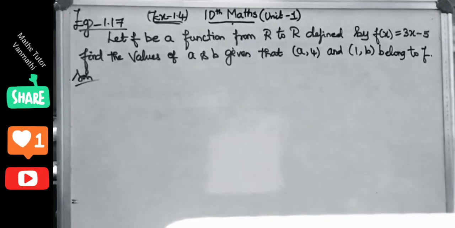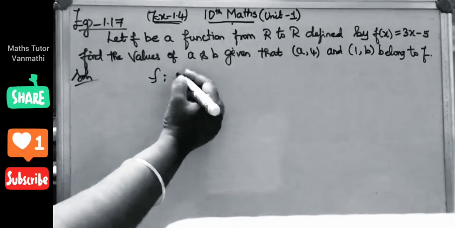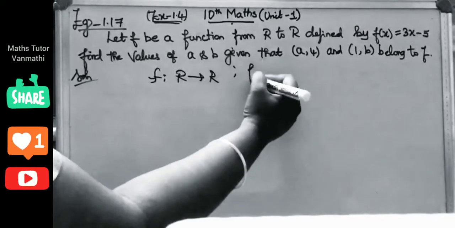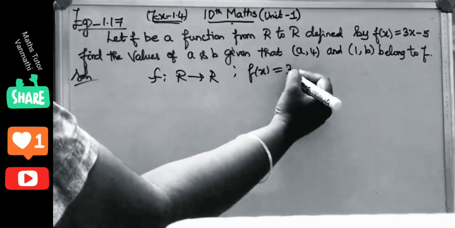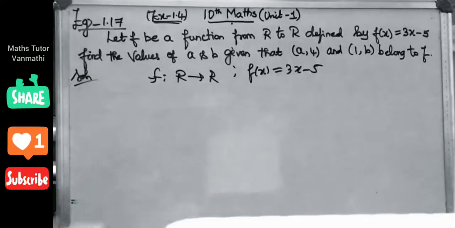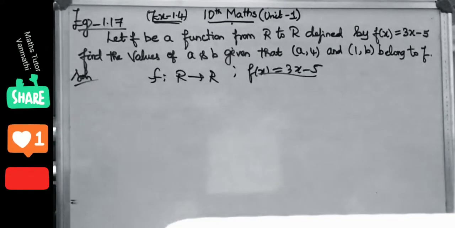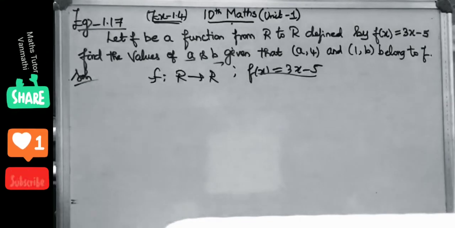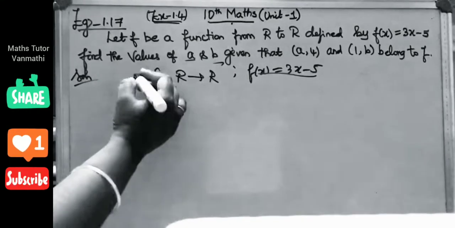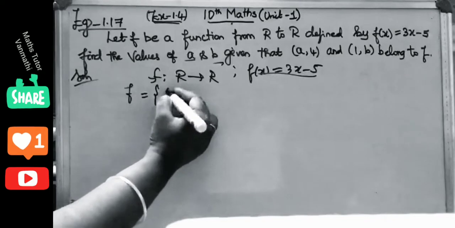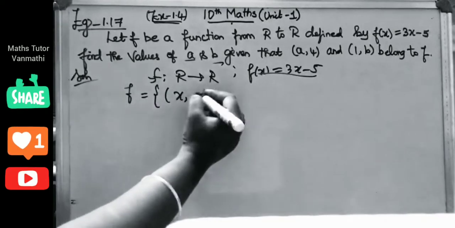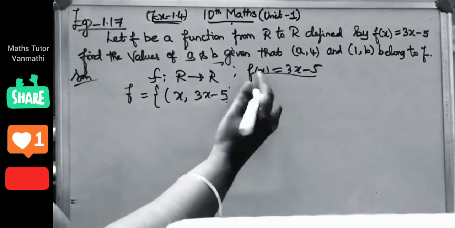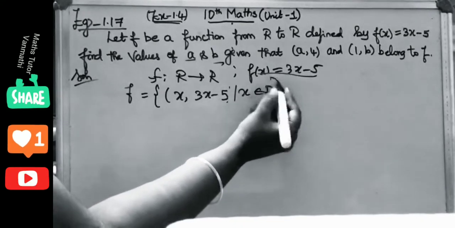Here the function is from R to R, and they have given one function f(x) as 3x minus 5. This is your condition. By using this, we are going to find the values of a and b. We write f as the set of (x, 3x minus 5), where x belongs to R.